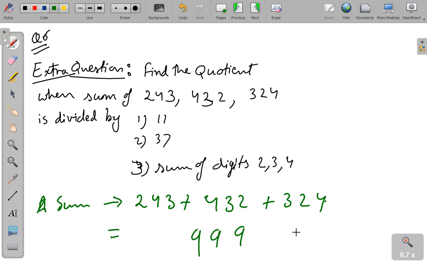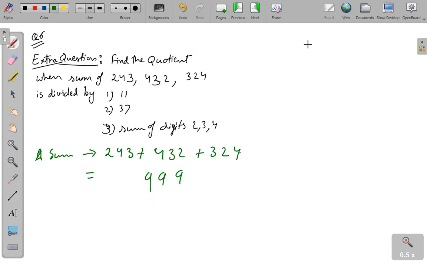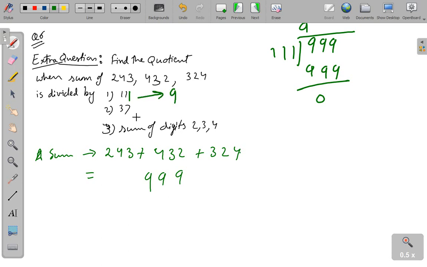The result will be 999. Now let us do the division. First of all, when 999 is divided by 111, this will be 9 times, and the remainder is 0. So the answer for the first one is 9.